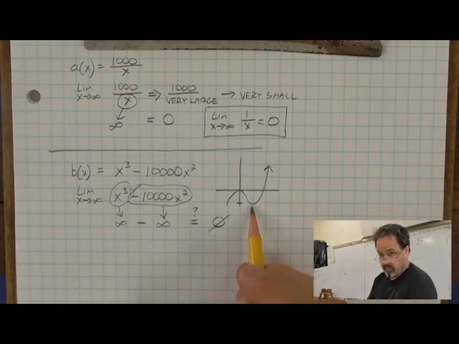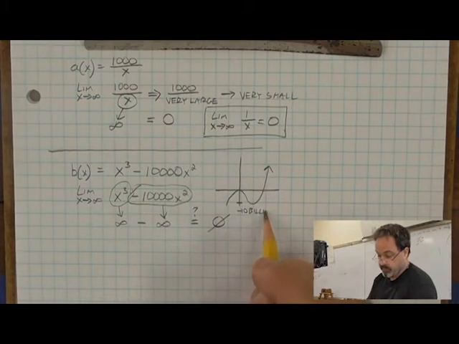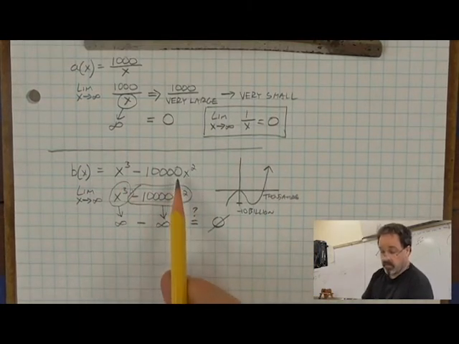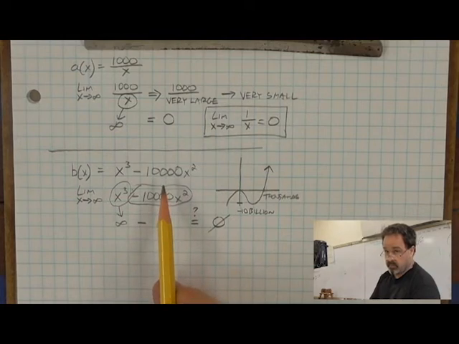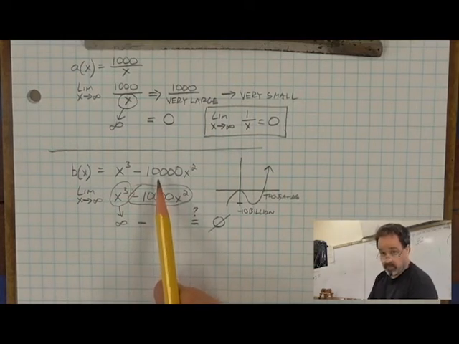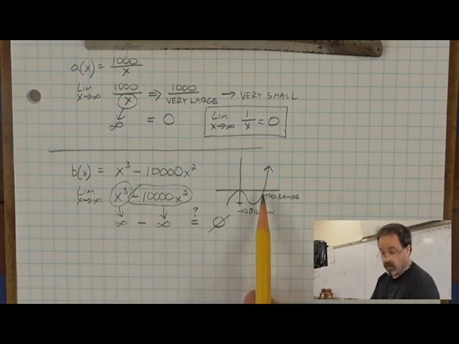tick mark here, which is the value of the lowest point, is about negative 10 billion. And a tick mark here, where it crosses the x-axis, is in the thousands. So if you were to put this function into some graphing technology, it would still be difficult to understand the nature of the graph and use it to find the limit.